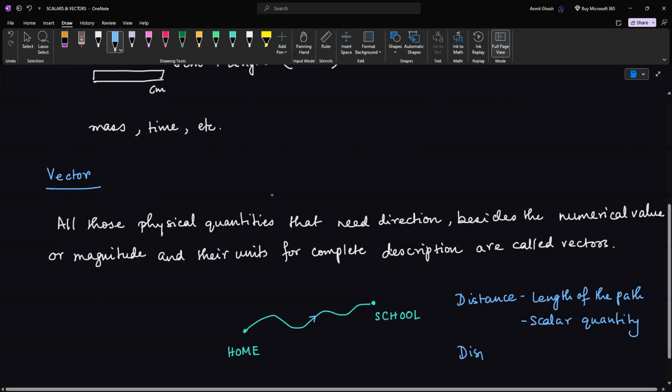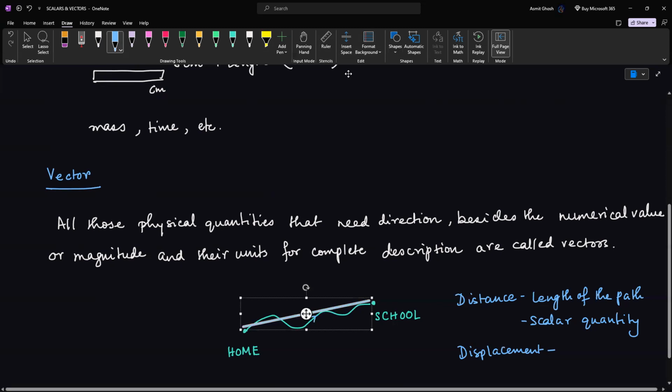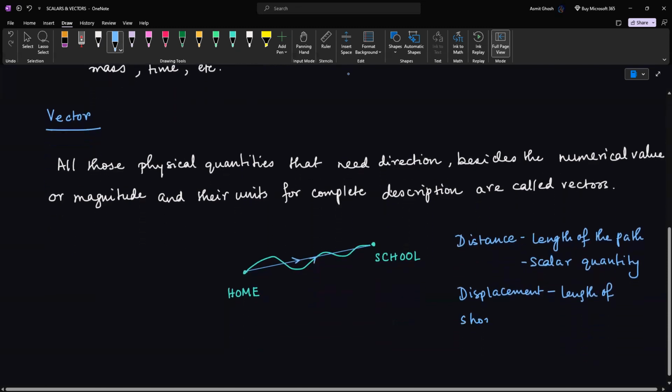But displacement means distance covered in a direction. So displacement is not the length of this path along which you are going from your home to school, but the length of the shortest path. This line represents the length of the shortest path between 2 points.